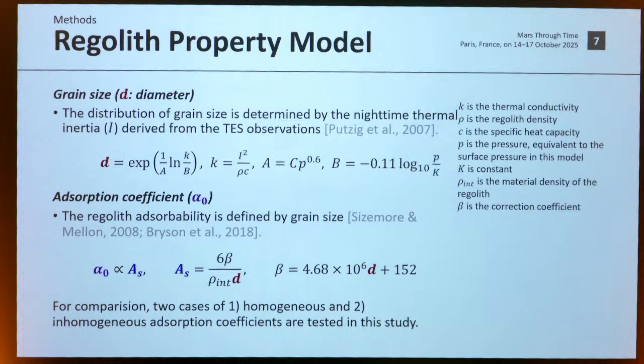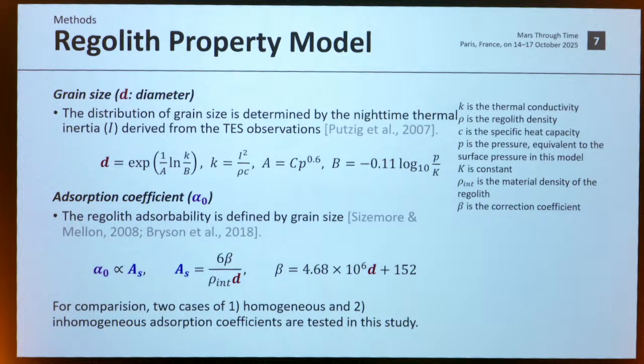The adsorbed water mass ranges from 0.05 to 2 kilograms per square meter, which corresponds to 0.003 to 0.1 weight percent of water equivalent hydrogen. And we can see the northern hemisphere exhibits higher adsorbed water mass than the southern hemisphere. This is because the atmosphere has plenty of water vapor in the northern hemisphere.